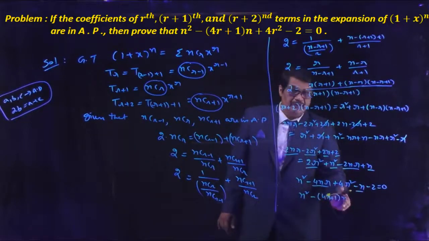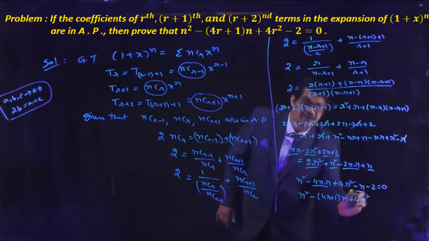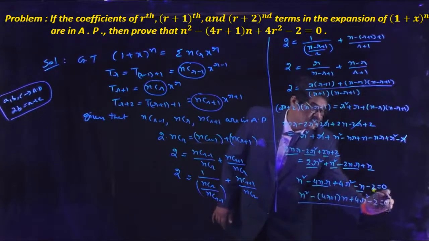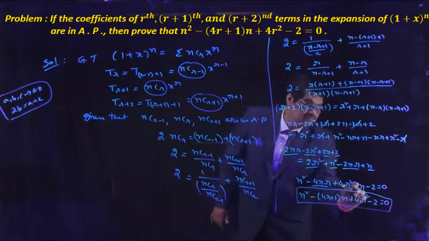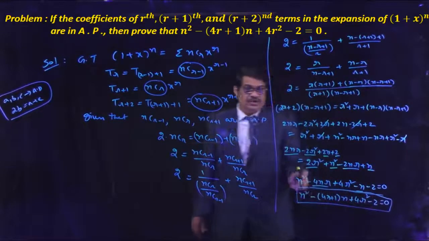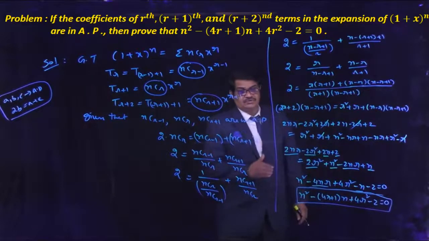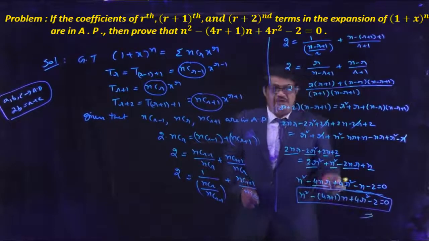Then the remaining terms: 4r square, and minus 2. So this is the required result, that is n square minus (4r plus 1) into n plus 4r square minus 2 equals 0. This is our required result.